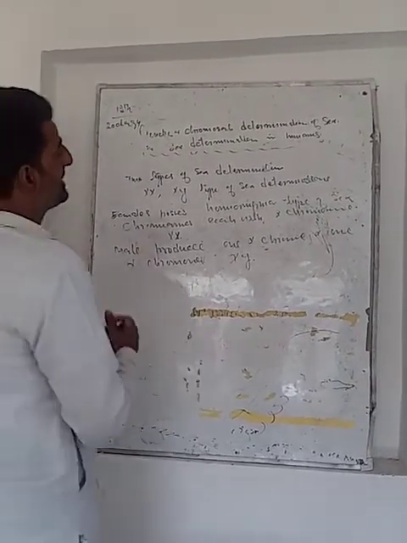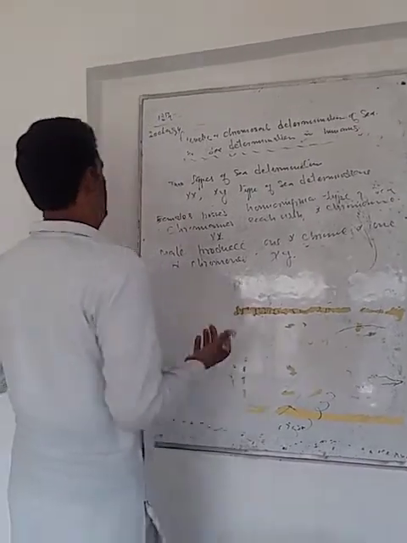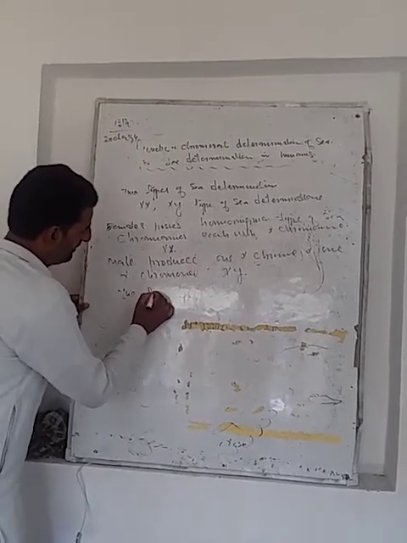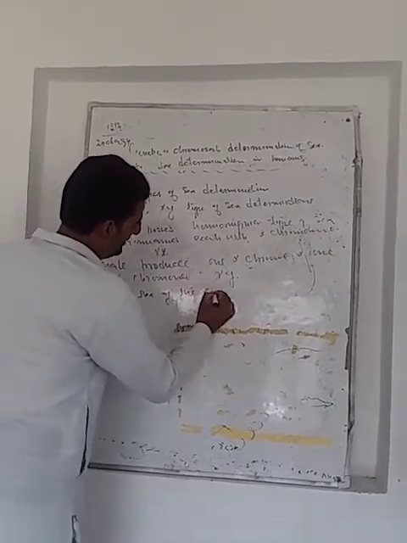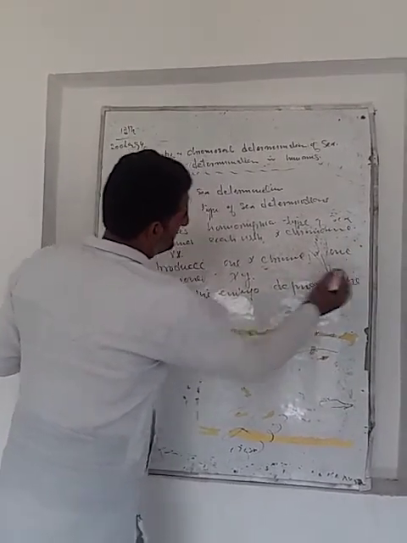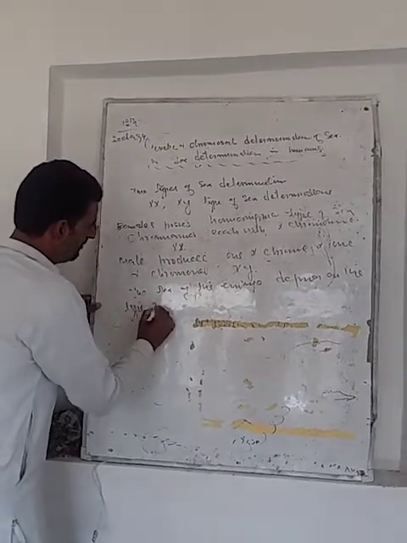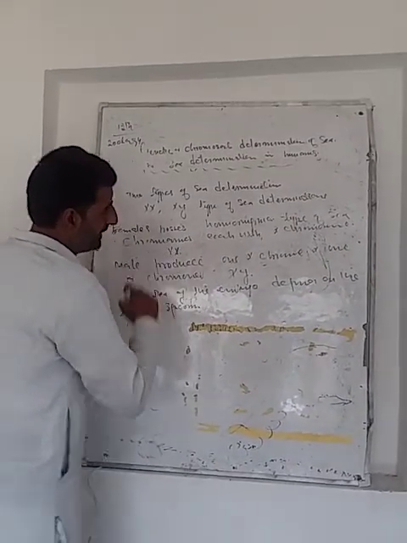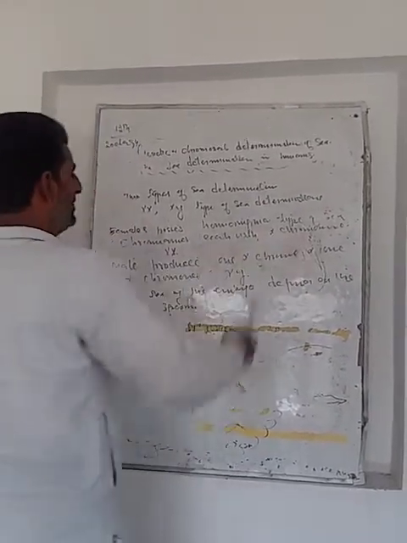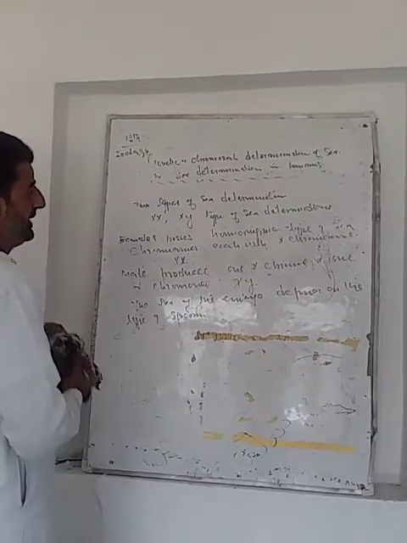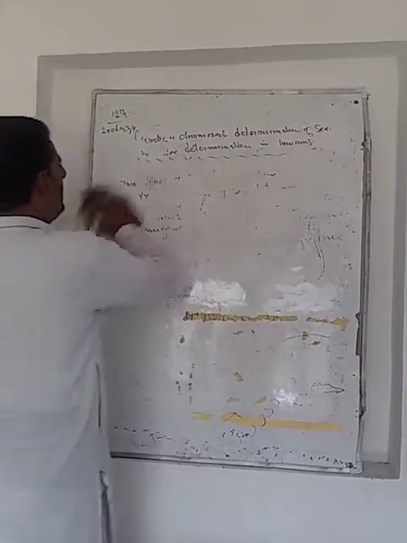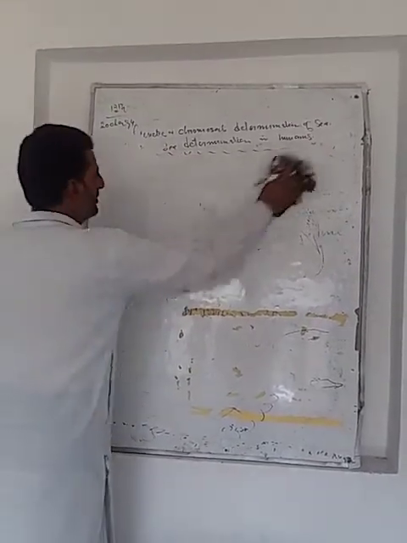Now, the sex of the embryo depends on the type of sperm, because half of the sperm contains X chromosome and half of the sperm contains Y chromosome in males.